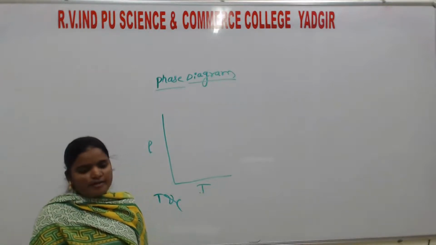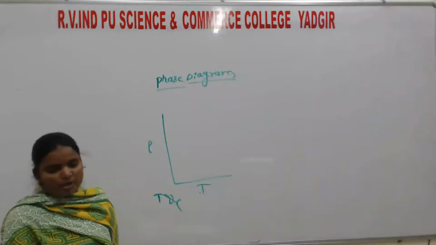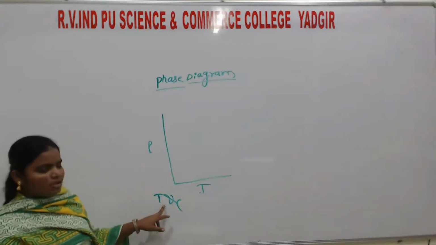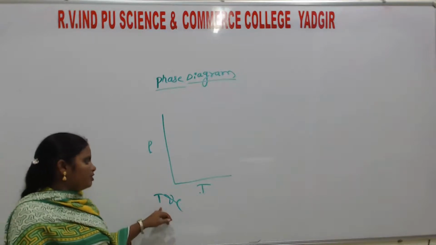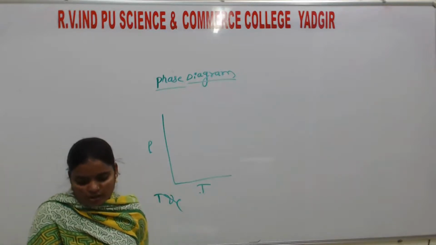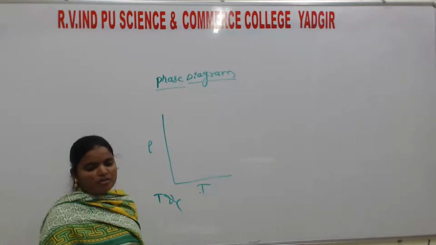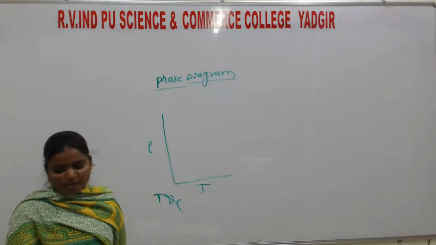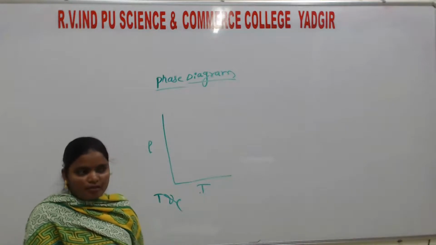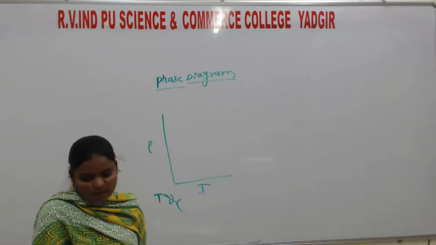These conditions are determined experimentally and plotted as the PT graph and TC diagram.